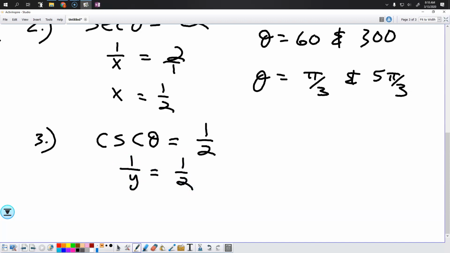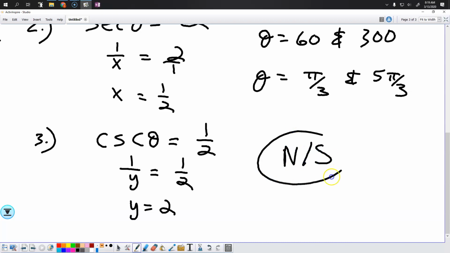And then we're going to take the reciprocal. y equals 2. So what angle on your unit circle has a y value of 2? There isn't one, right? That's no solution. The y value and the x value, the sine and the cosine, can never be greater than 1.